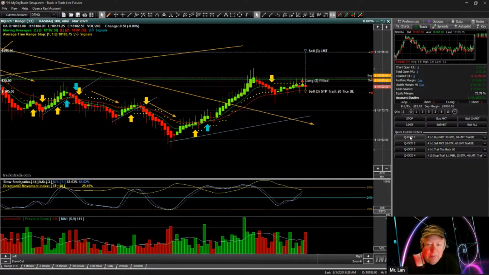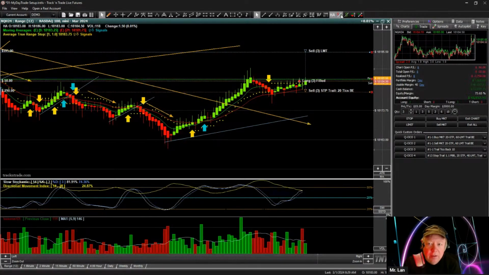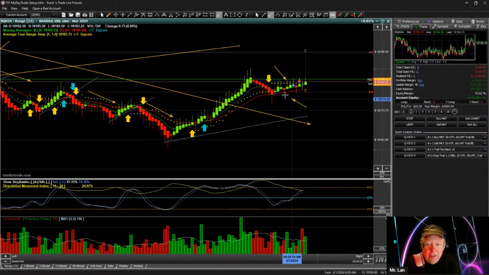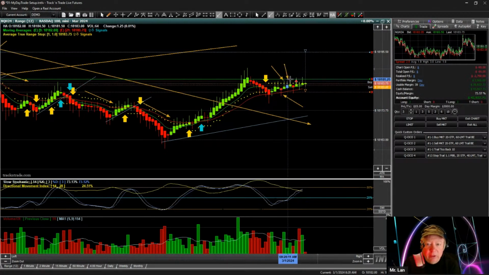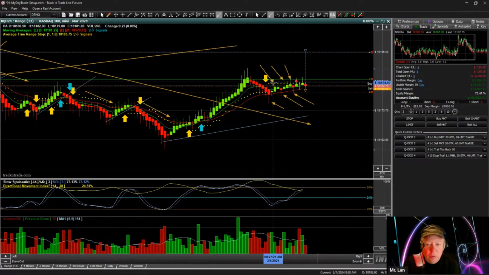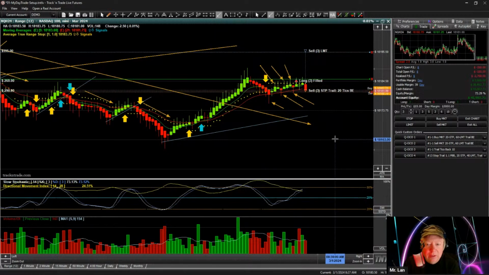These markets are just, look at this. The market makers are going between here and here, and they just go back and forth between here and here. These are just market makers, just whipping the market back and forth.